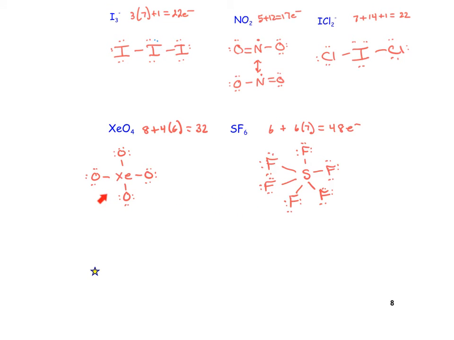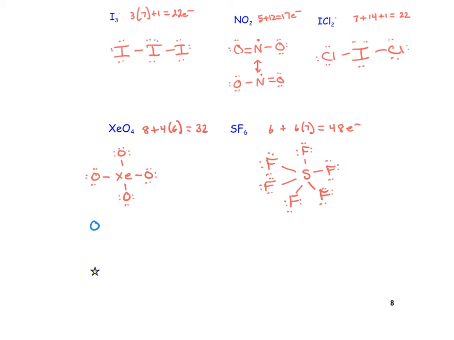XeO4 is a little more complicated. Let's take a look at the electrons. Here we go. And if I draw the simplest structure, the octet rule works. But let's take a look at it in terms of formal charge.